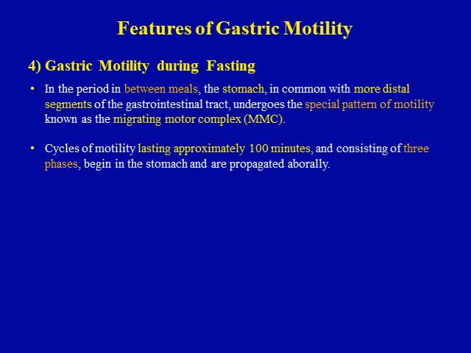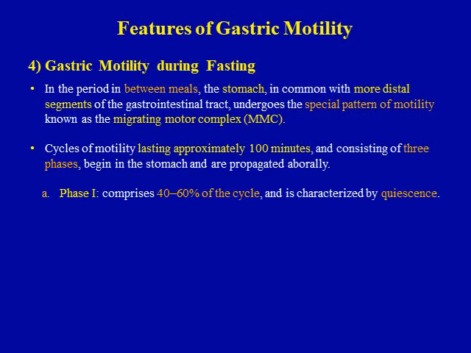Cycles of motility last about 100 minutes and consist of three phases. They begin in the stomach and propagate distally down to the ileocecal valve at the junction of small and large intestine. It is composed of three phases, as I said.